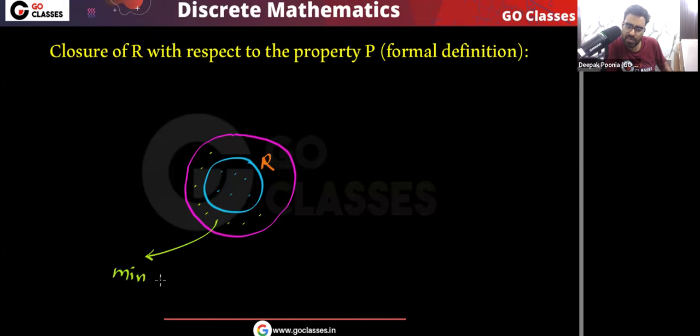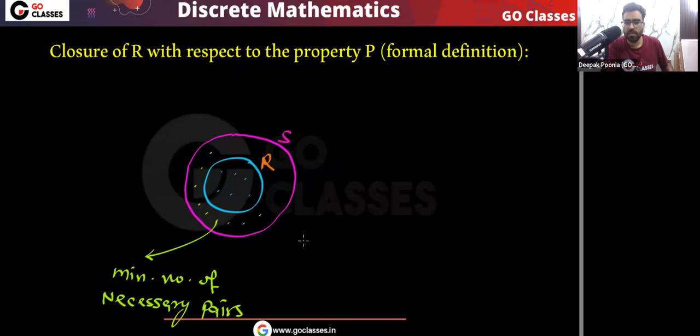I am adding the minimum number of necessary pairs so that this new relation S satisfies property P. Now, something interesting. These yellow ones are just the necessary pairs, the minimum number of necessary pairs.